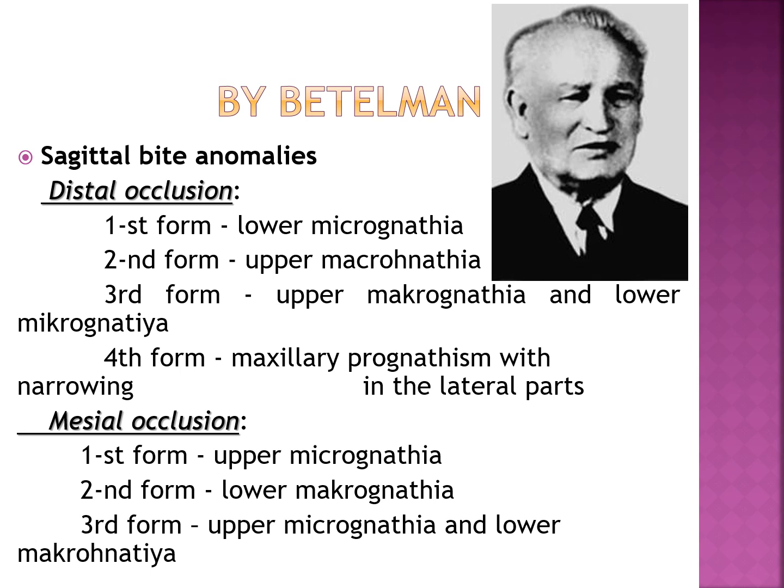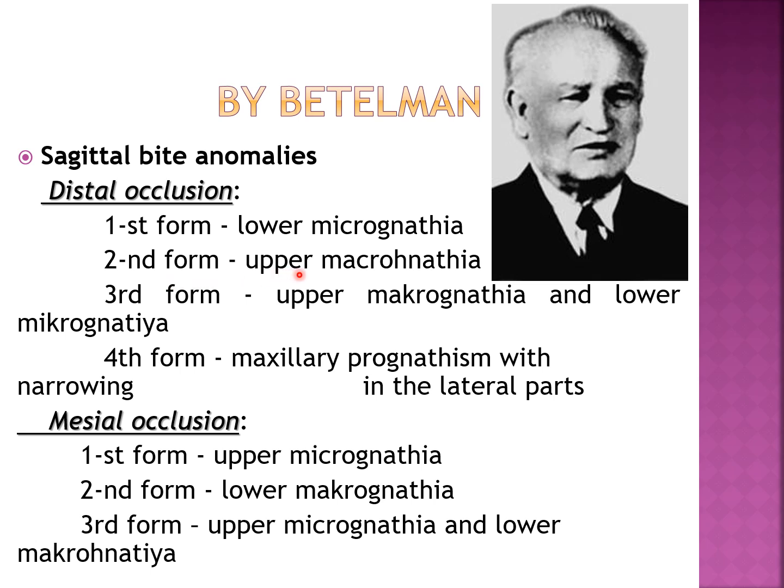But as for me, the most universal classification of sagittal bite anomalies was created by Bettelman, Soviet scientist. He called it distal occlusion and divided it into 4 forms. First form, lower micrognathia.